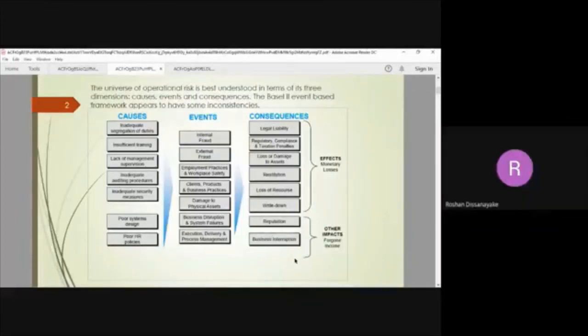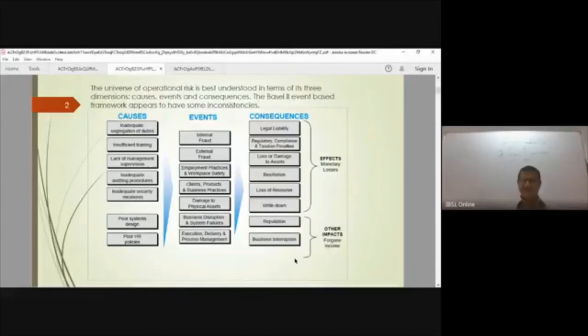So the Basel Committee looked into this before they recommended the management of operational risk. For the time being, I'm going to stop here today because I'm taking operational risk as one complete session, and next week when we meet, we go into the rest of the slides.